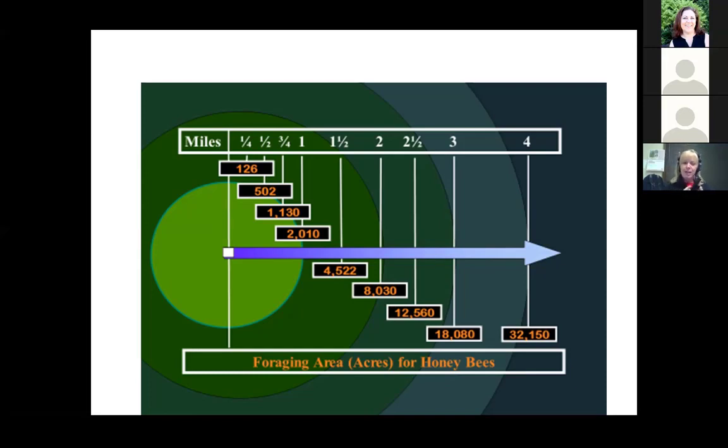When you say they can go up to like 4, 5, 6 miles away from the hive, 4, 5, 6 doesn't sound like a whole lot, but when you think about that radius around the hive and how many acres that includes, then you're talking about a massive amount of floral space, or if they don't have habitat, it could be apartments, anything like that they're going to come into contact with. If you look at the radius for just 1 mile, all around that hive, that would be about 2,000 acres. And so it's a fairly large space.